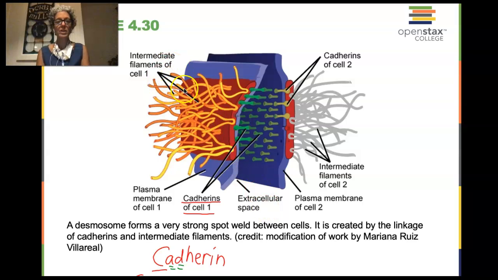So you have intermediate filaments of this cell, and we have intermediate filaments of this cell, and then we have these structures called cadherins. That stands for cell, C for cell, and the AD to adhere. So cadherin, these proteins that stick our two cells together.